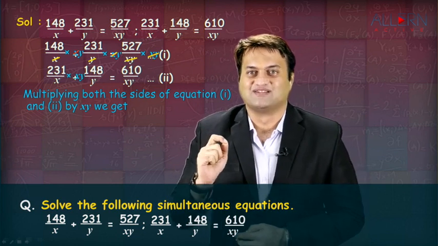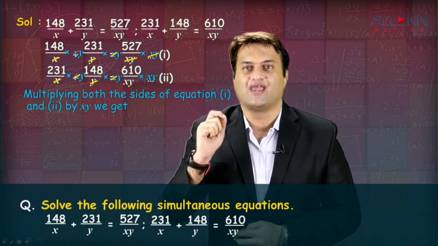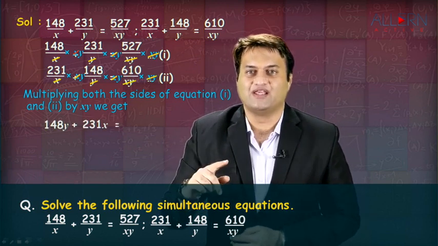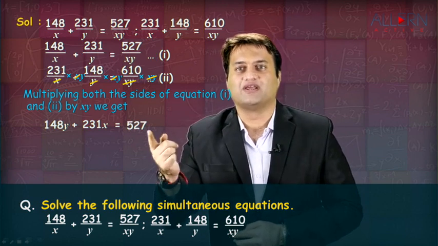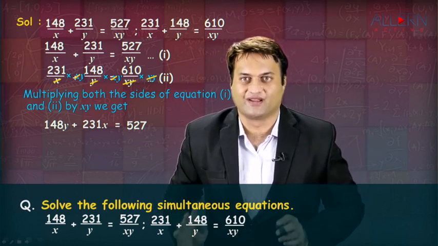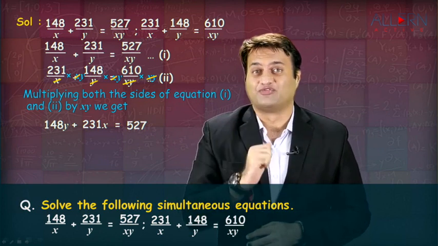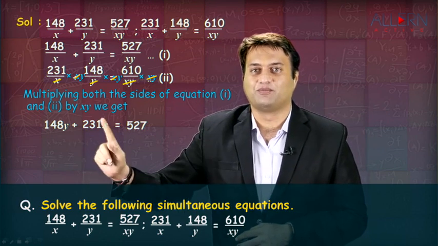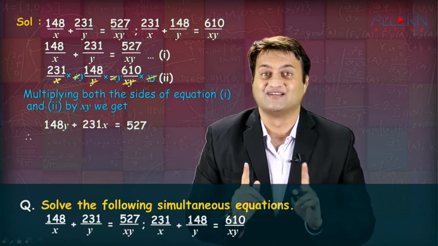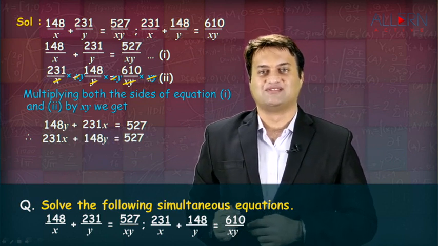So what remains is 148y plus 231x is equal to 527, and similarly the second equation will be 231y plus 148x is equal to 610, right. The only thing is, as you all can see this equation, it is not in the alphabetical order. It is 148y plus 231x. So just rearrange it, and when we are rearranging, we don't change the signs.